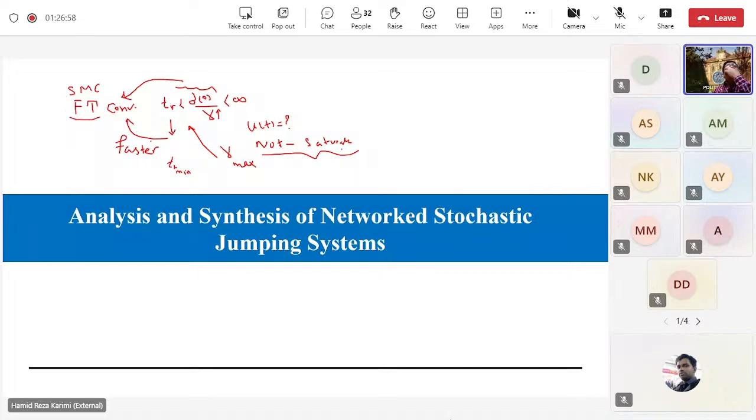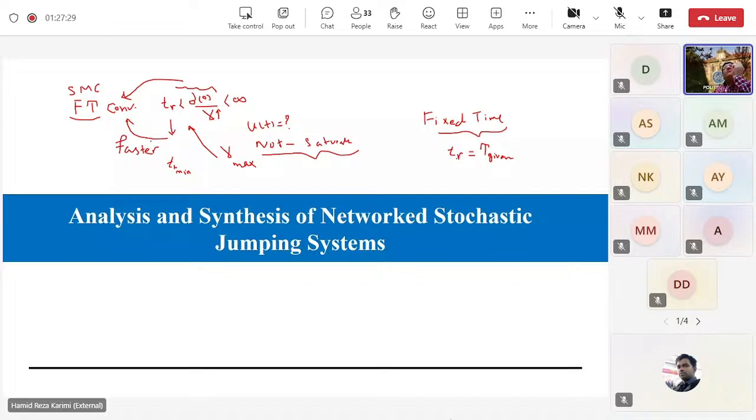But in control, we have another concept, fixed time, which is also a very important topic. Fixed time means your TR should be exactly at a given time, T given. Based on the parameter T you choose, you can design the control.